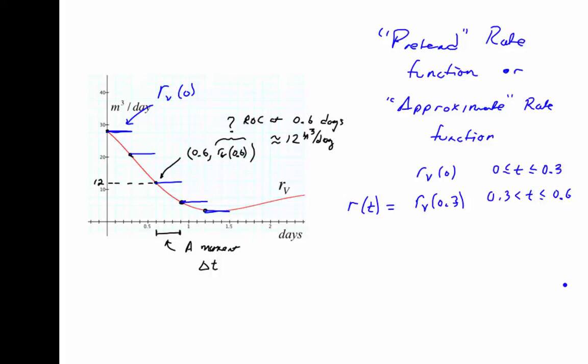Okay, finish it. And then what we do is we put this big bracket thing like this to show all of those pieces put together give us R of t.